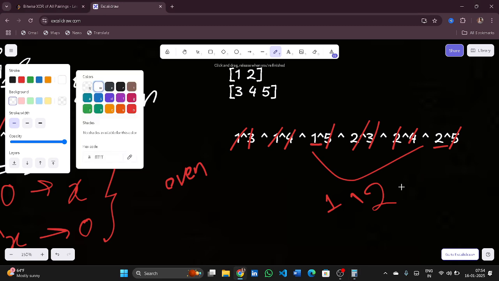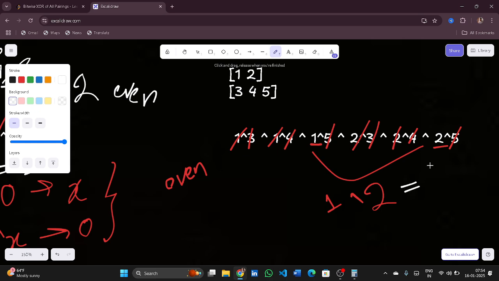If you see clearly, here 1 and 2 are not cancelled out because 1 appears one time here and one time here. So only these two times. So these will be cancelled out. These will be cancelled out. This will be cancelled out.